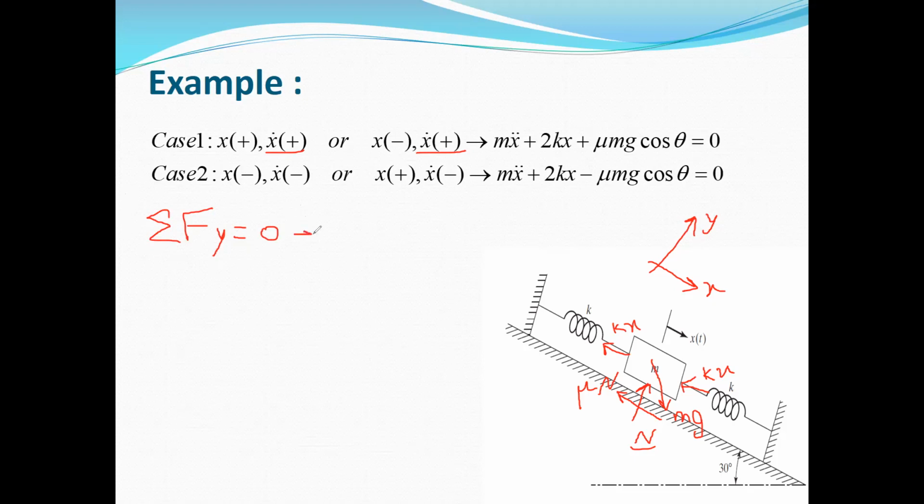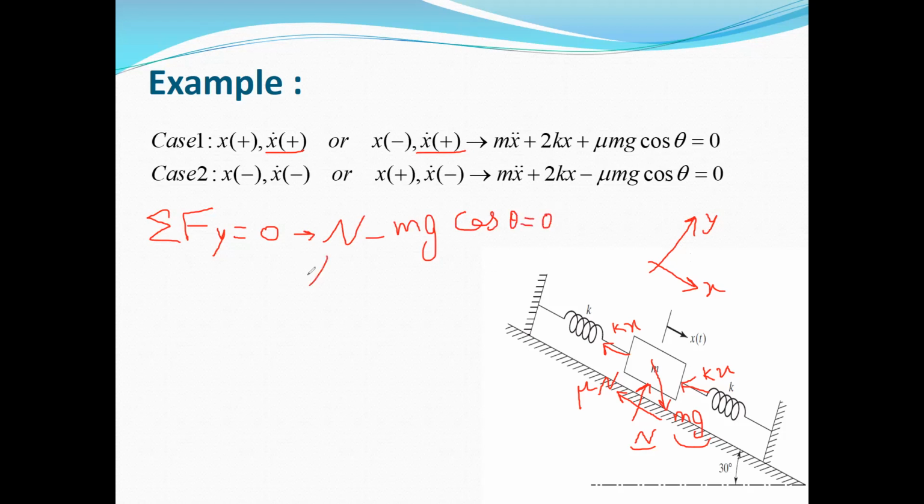In the summation of the force in y direction, we will have one normal reaction N, and also mg, which has two components in x direction and y direction. The y component of the weight is mg times cosine theta, so it will be minus mg cosine theta, and the right hand side of the equation is 0.